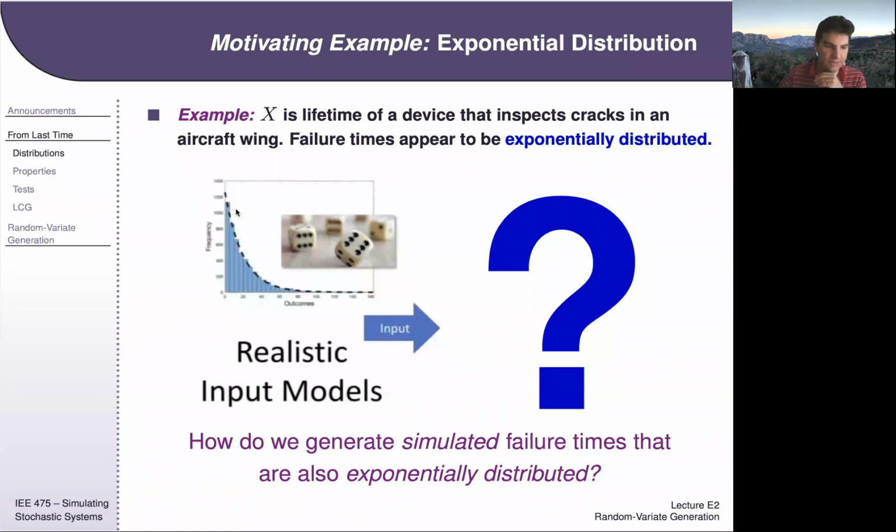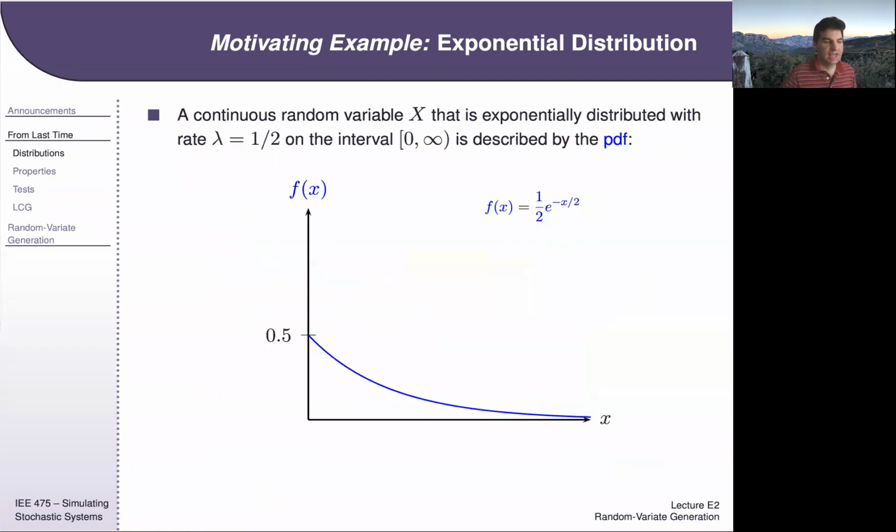And so I've decided I want to make it an exponential distribution. So how the heck do I get an exponential distribution into my simulation, into my castle? So this is my brick. Where do I find that brick that I can assemble all those other bricks together to build this thing? So I want to draw samples from this exponential distribution. And so this is my PDF, my probability density function of the exponential distribution.